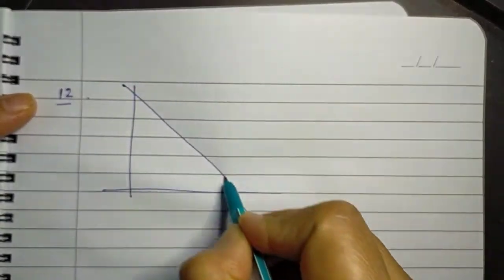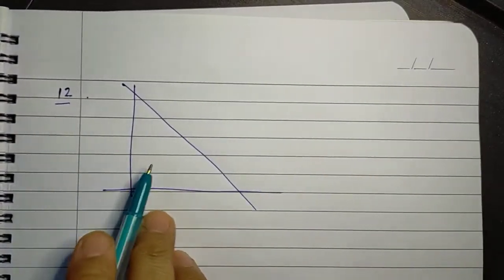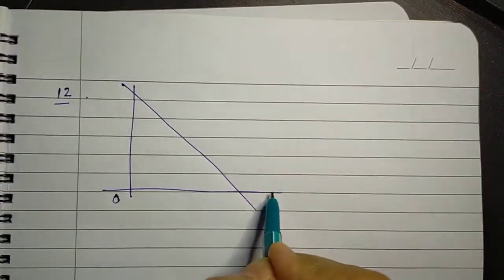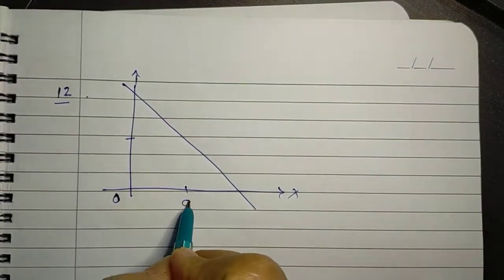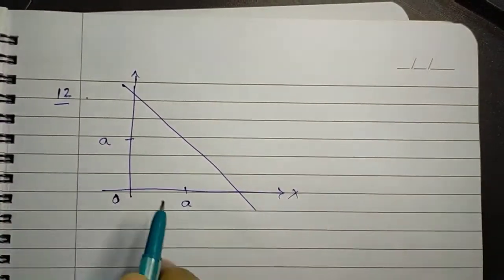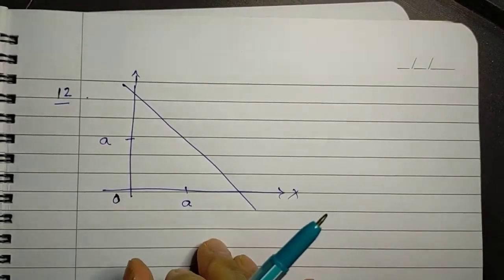Find the equation of a line that cuts off equal intercepts on the coordinate axis. So cuts off equal intercepts on the coordinate axis means it makes intercepts on both the axes. Now this is equal to this. So suppose this intercept is A, this is also A. This is one thing which is given to us.